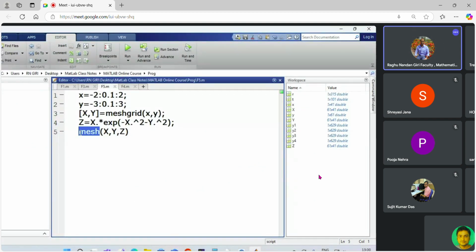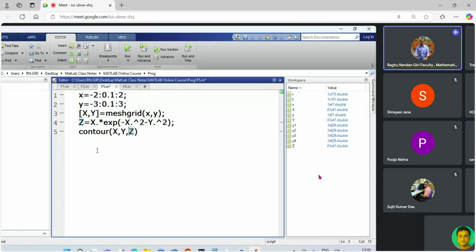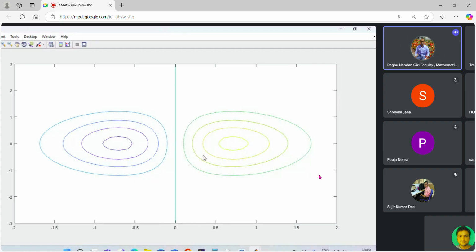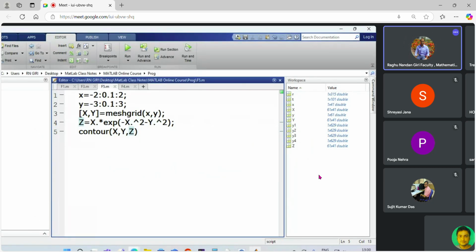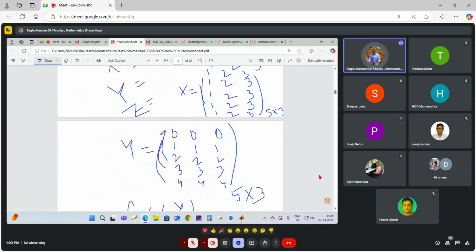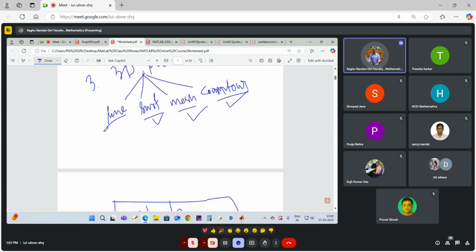Then for the contour, see that there is a command contour. Okay. Contour, see, this is the contour of this function. So I covered the line graph, 3D line graph, surface graph, mesh graph, contour graph.